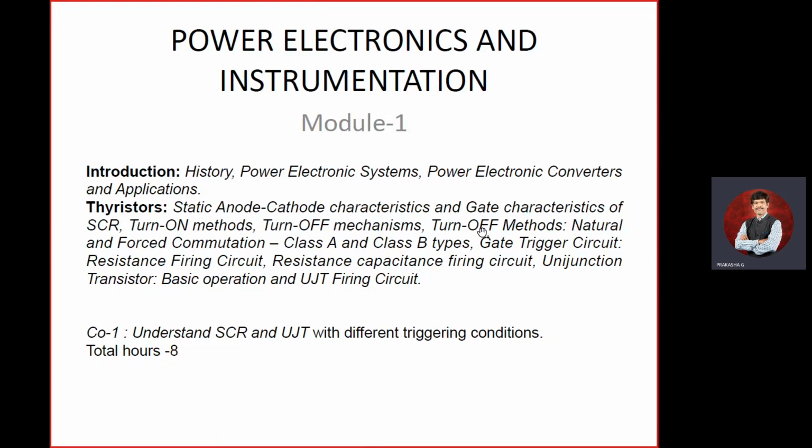Different mechanisms, natural and forced commutation: how it is going to work naturally, or how it is going to work forcibly. Sometimes there is natural triggering: as soon as you give the power supply, it is going to trigger.